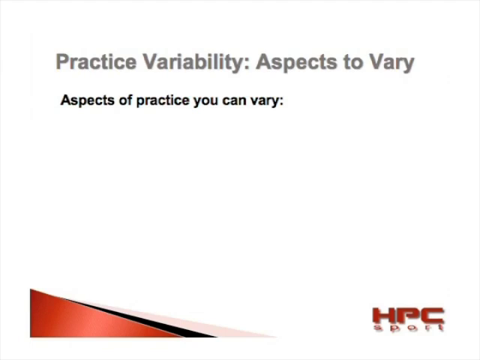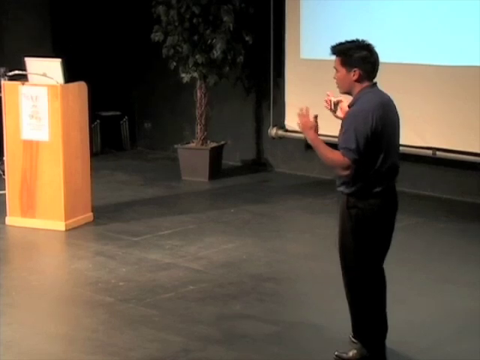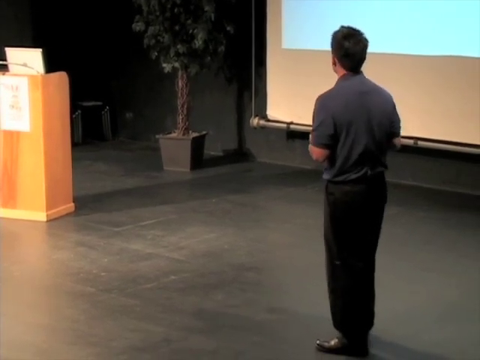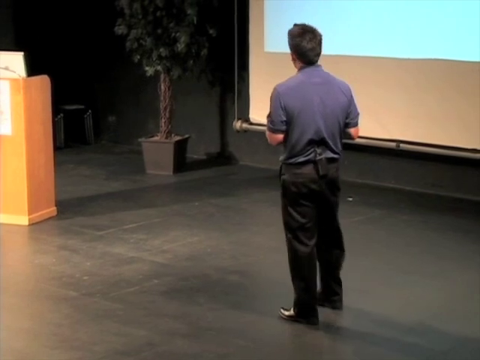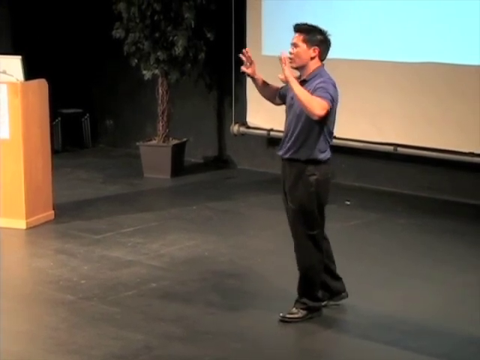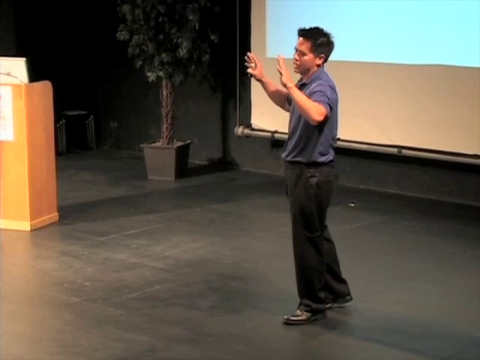All right, so aspects of practice we can vary. We can vary movements. With the throws, we can vary release points, whether they be the optimal release point or not. Posture when running mechanics. So we can vary the actual movements themselves. The ideal is that we don't just vary a movement and not tell our athlete anything.